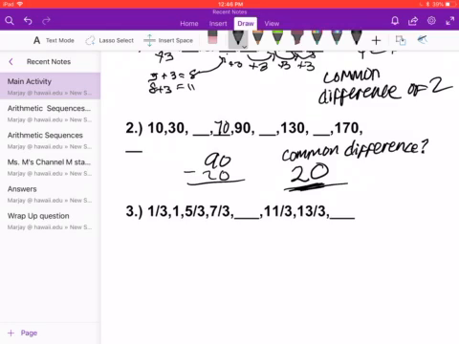What about this term? 50. You can either get it from subtracting 20 from 70 or by adding 20 to 30.